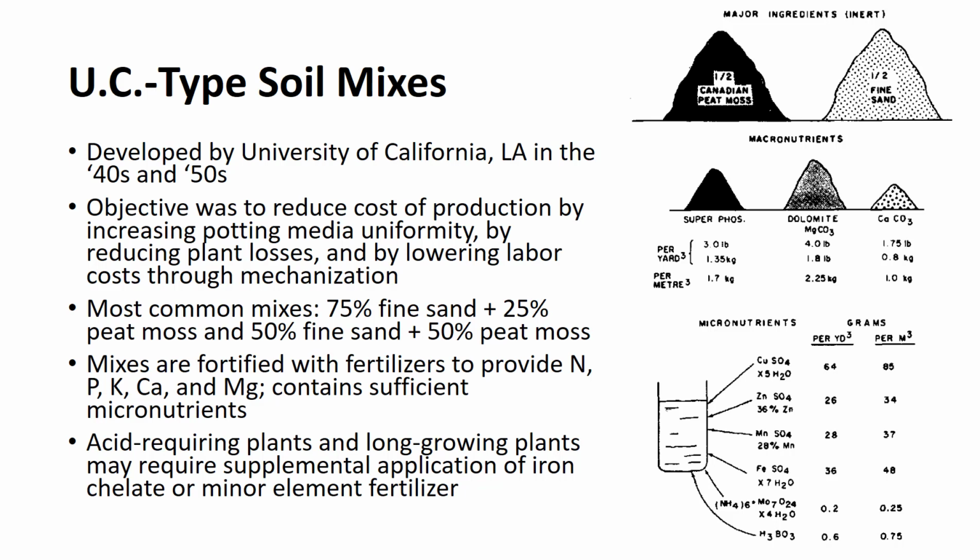The sphagnum peat moss and fine sand contain a sufficient supply of the microelements to meet the needs of most container-grown plants. However, some acid-requiring plants, for example rhododendron and blueberry, and plants grown in containers for long periods of time may require a supplemental application of iron chelate or a minor element fertilizer that contains a mixture of the microelements.